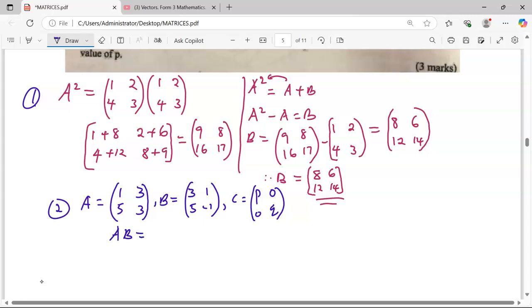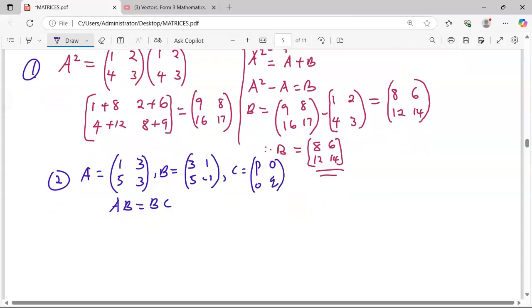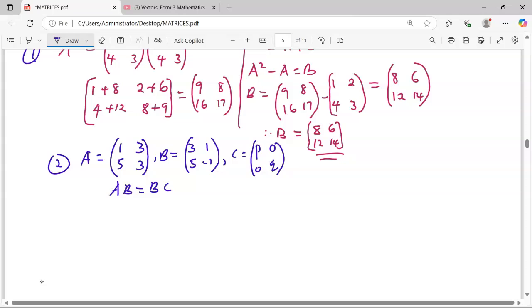If AB is equal to BC, we must first start by getting AB. AB is going to be obtained by multiplying A and B. That is 1, 5, 3, 3, multiplied by B, which is 3, 5, 1, negative 1.